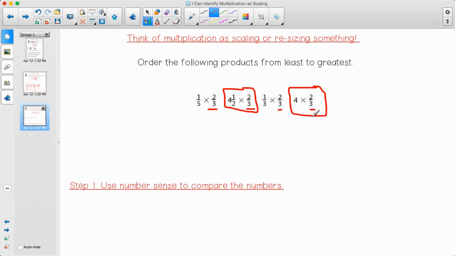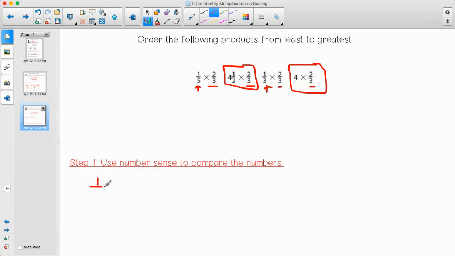So we know that we're going to have to deal with those at the end. Okay? Then we're going to compare 1/5 and 1/3. And we have to ask ourselves, okay, well, which one is smaller? We already know that the product will be smaller because we're multiplying it by something less than 1. But we have to determine if 1/5 or 1/3 is smaller. And hopefully you were able to identify that 1/5 is in fact smaller because we're breaking it up into 5 pieces instead of 3. So 1/5 over 2/3 should be first. Then 1/3 over 2/3, I'm sorry.